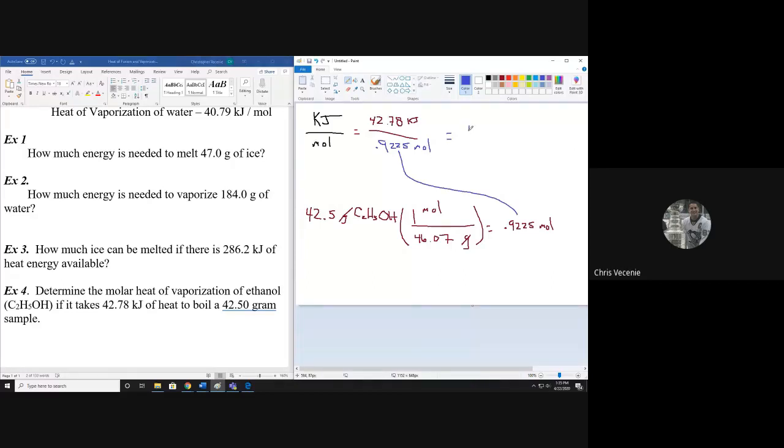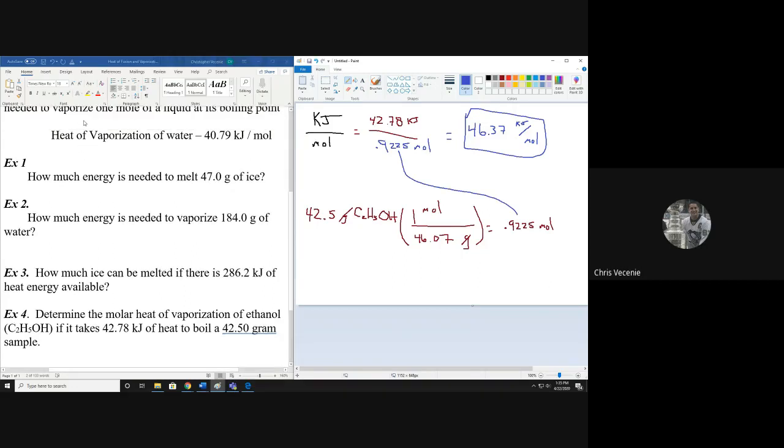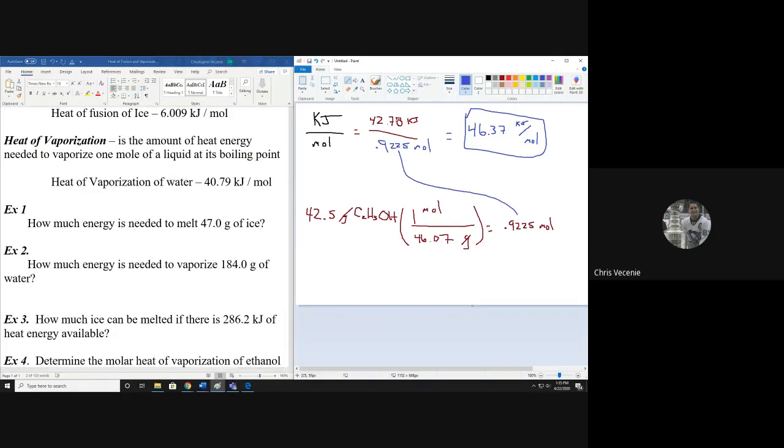And ethanol's heat of vaporization is going to be 46.37 kilojoules per mole. All right, so that's how you would get the number value. If I get asked for the heat of vaporization or the heat of fusion for a substance, all I do is take the kilojoule number that they'll give you, and you have to divide it by the moles of the substance that was there, and you get the kilojoules per mole.